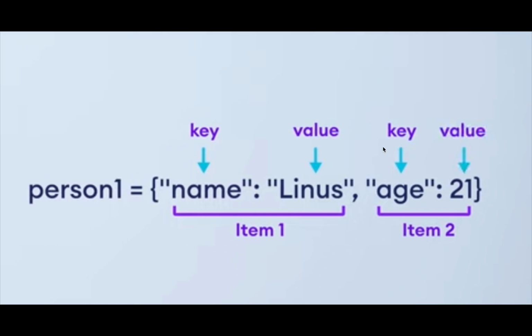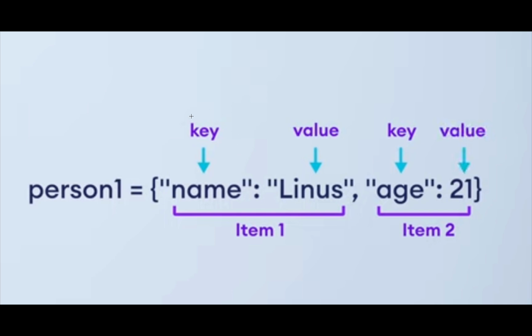Each item has a key and a value. The items are separated by a comma, but the key and value pair must be separated with a colon.